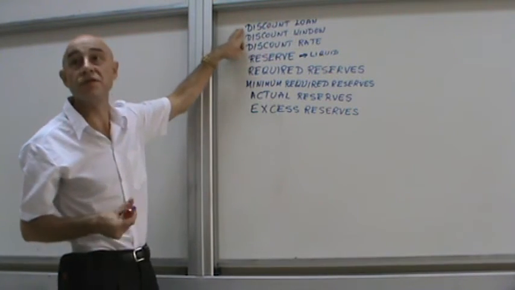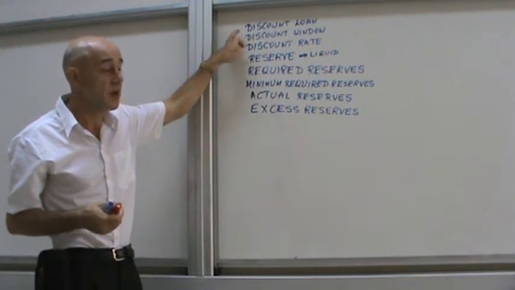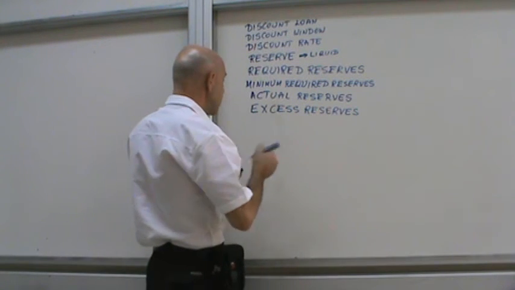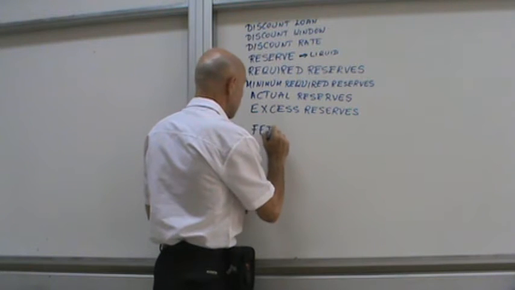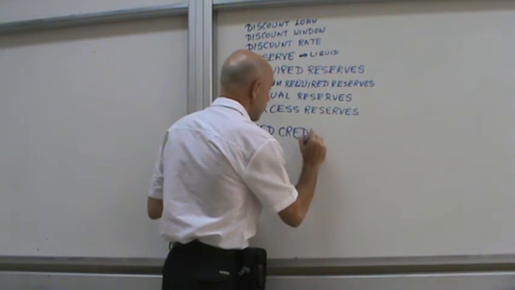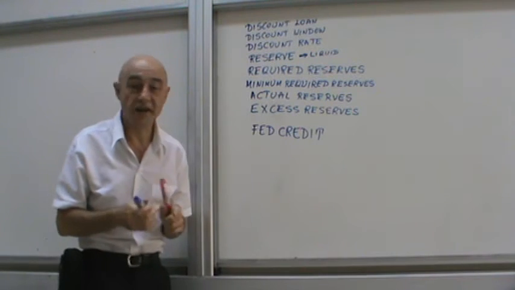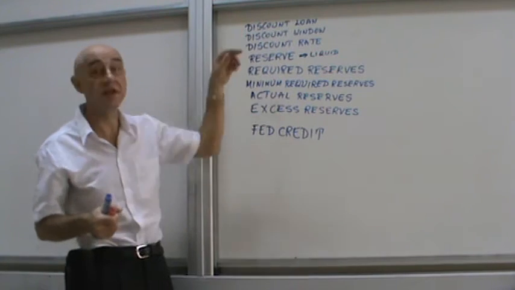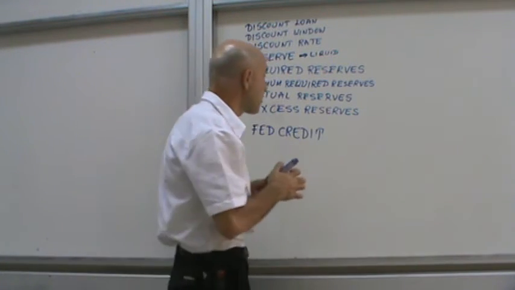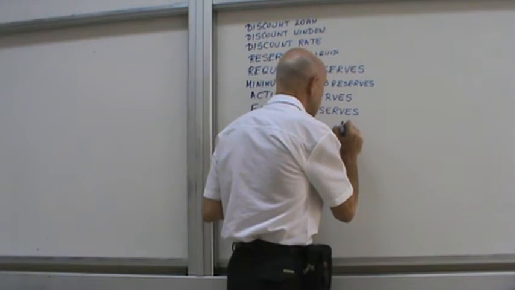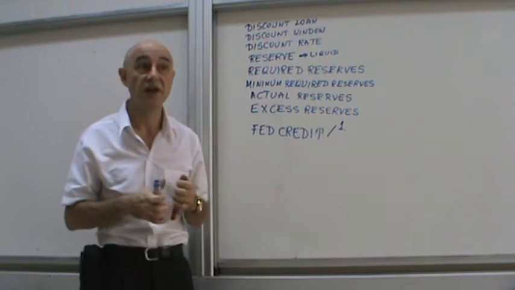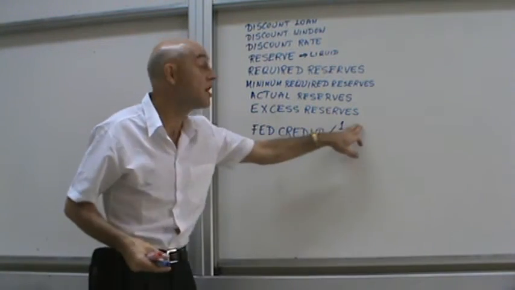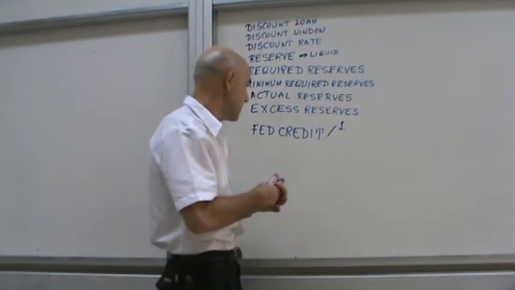And discount loans are usually for small amounts. In general, we call the discount loan Fed credit. Fed credit, again, is a credit or loan to commercial banks, usually a discount loan, and comes in three forms or types, depending on the length of the credit. The Fed will provide what's called an adjustment credit.